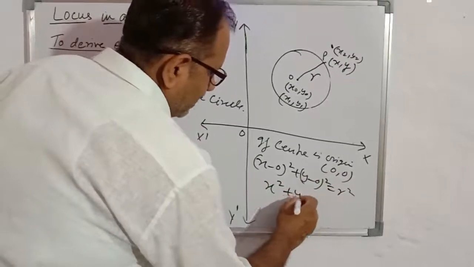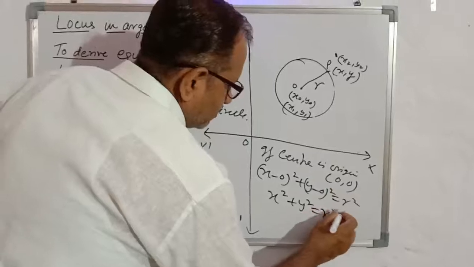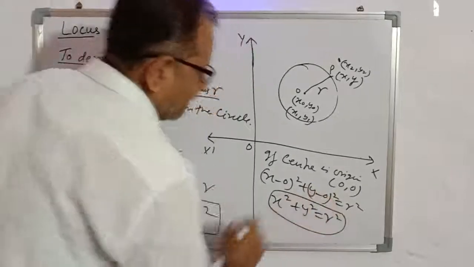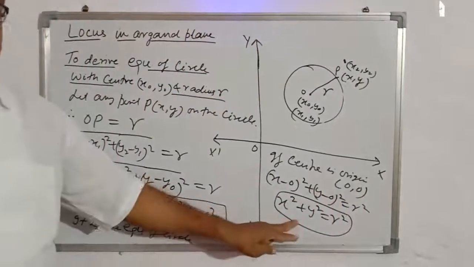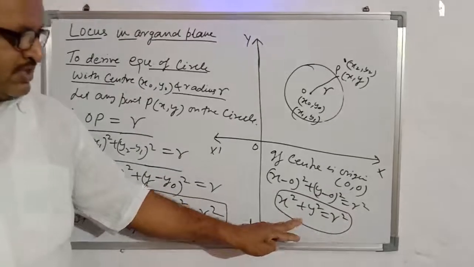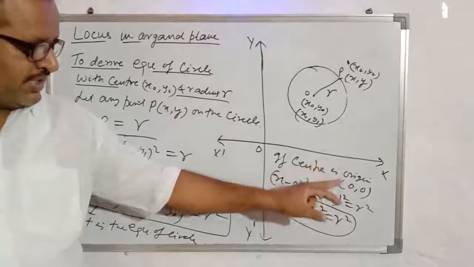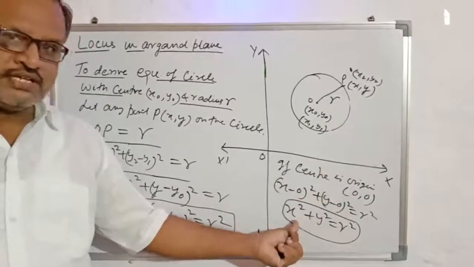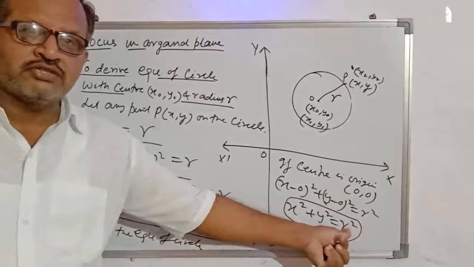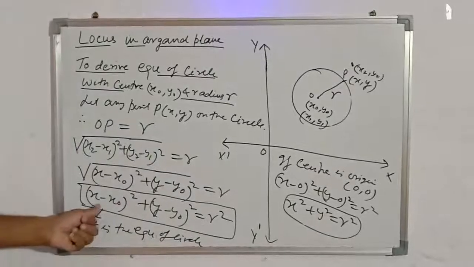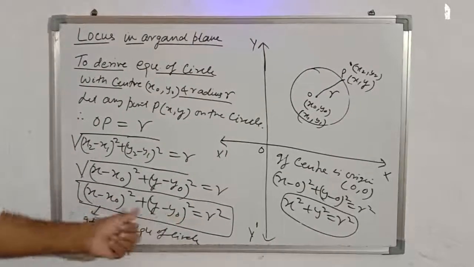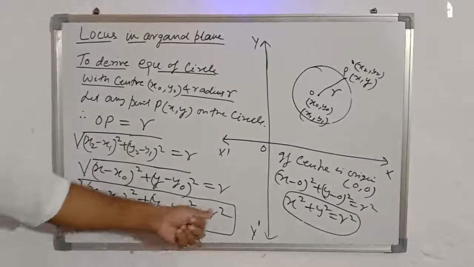So x square plus y square is equal to r square. It represents the equation of a circle with center (0, 0), the origin. So if the center is (0, 0), then the equation of the circle will be x square plus y square is equal to r square.